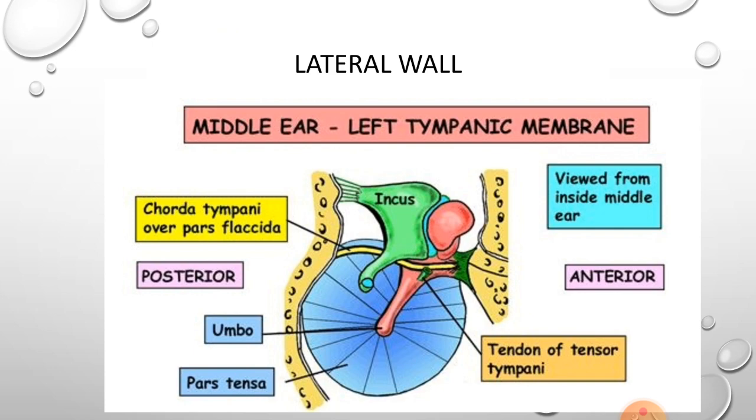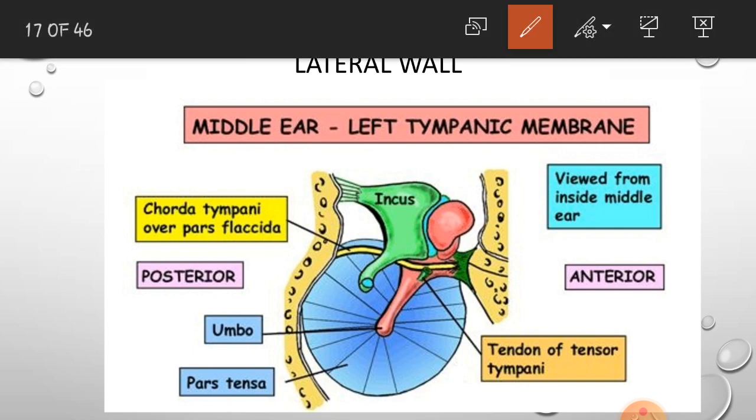So we can look at the medial aspect of the tympanic cavity, where we can see that this is the handle of the malleus. This is the incus, this green bone is the incus, and we can also see a nerve that passes through these two bony ossicles.